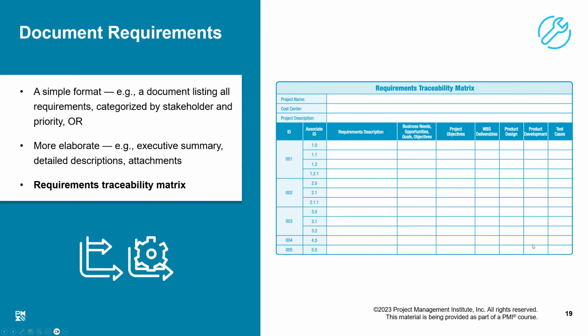Anyways, I hope you got the idea. This kind of chart can be used in predictive as well as hybrid projects. But naturally, we don't have this kind of document in an agile project because an agile project does not have all the requirements upfront.